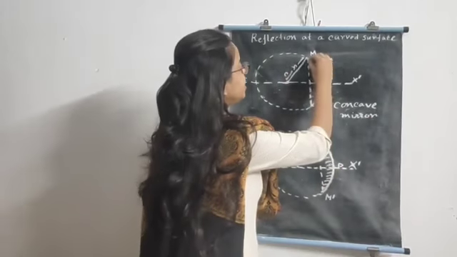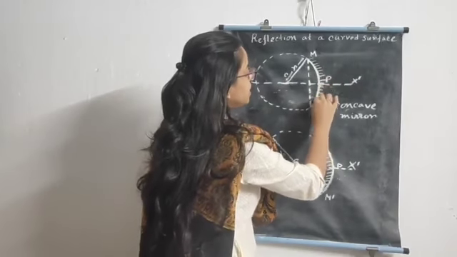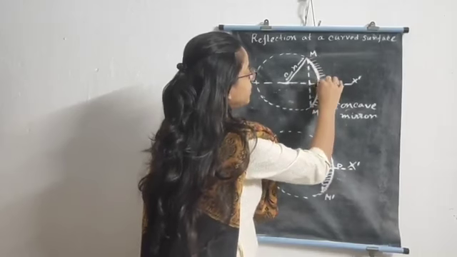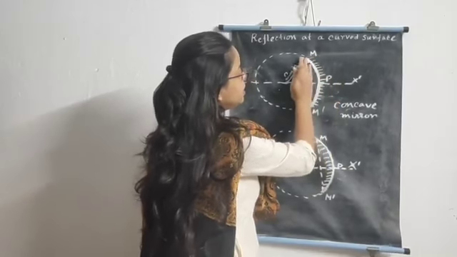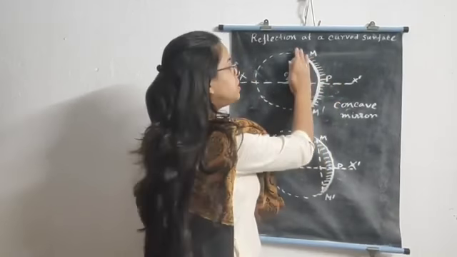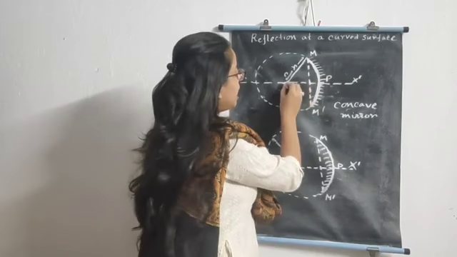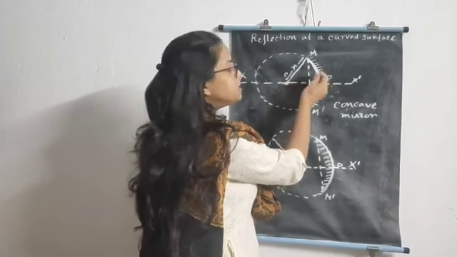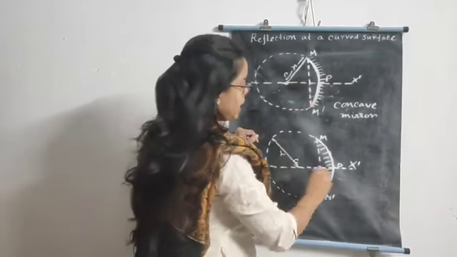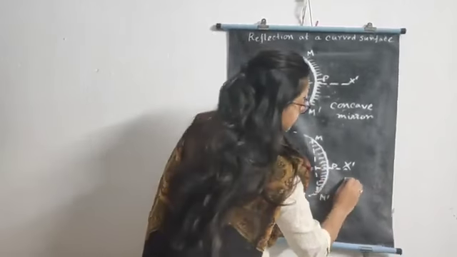In case of concave mirror, this is the reflecting part and the center of curvature is on the same side of the reflecting part, and this is known as convex mirror.